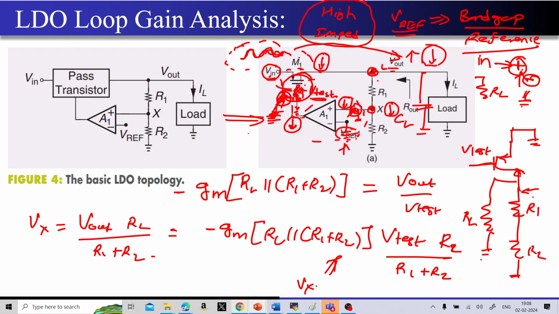So you are saying that the gate and output of the op amp both will get shorted. Obviously both of them are going to get shorted because there is no network present over there. So if we follow this approach, then this X terminal will get shorted. Then our open loop gain will not change because R2 will not be coming into the picture.